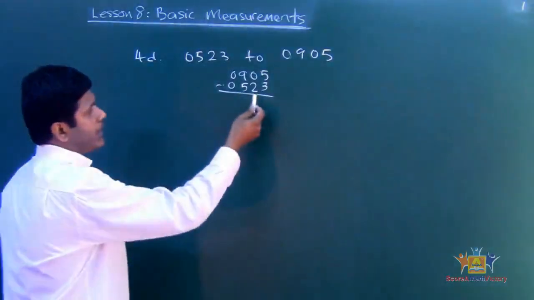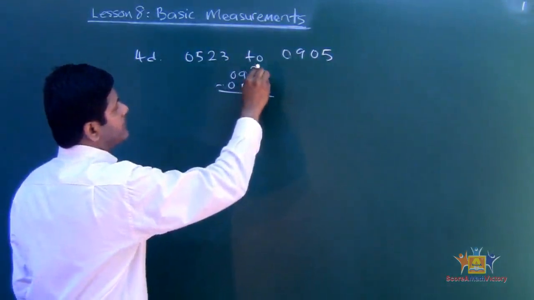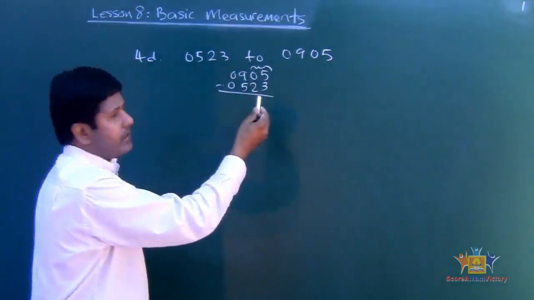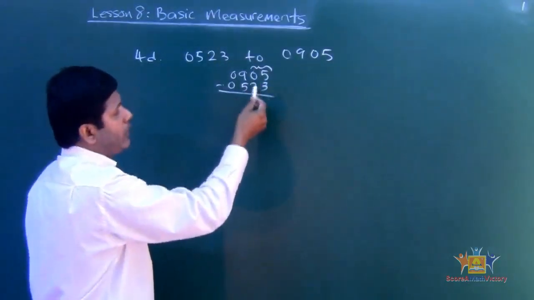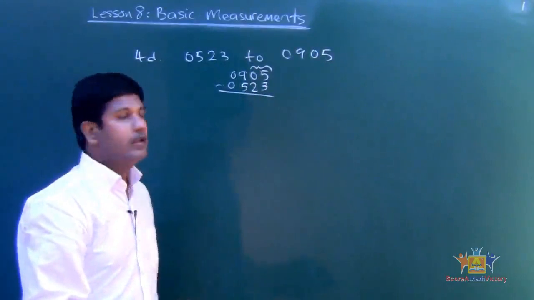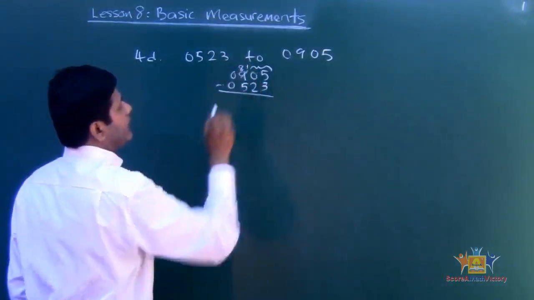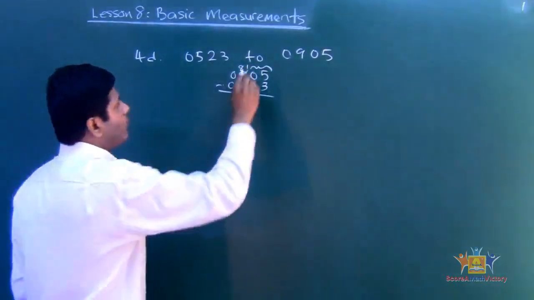Okay, so once you line it up, now before you start subtracting, look at the minute side. Look at that, 05 and 23. It's too small to subtract, for 05 to subtract with 23. So what do you have to do? You have to borrow from 9. 9 becomes 8, and you take 1 hour into the minute. See that? You're taking the 1 hour.